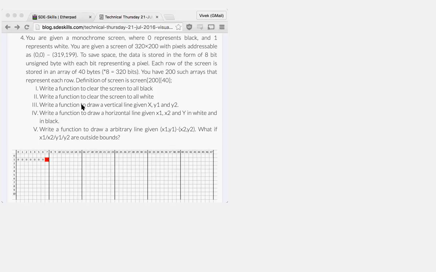Or XOR with 255? No, you have to OR it. You want to make sure that it's 1. You can just assign it. So it will be all zeros first, right? Yeah, then you can OR in that case.